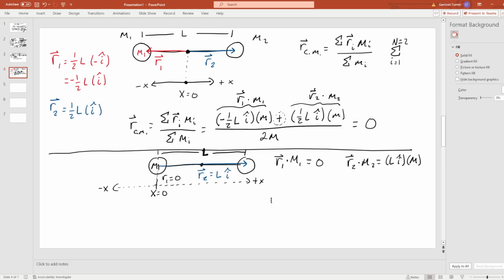And so my center of mass is going to be equal to R1 M1 plus R2 M2 divided by 2m.